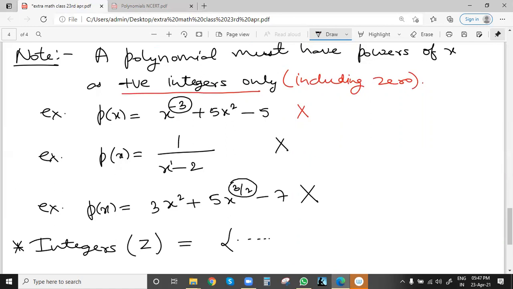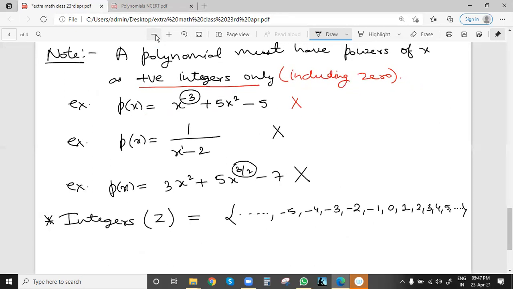The dots mean this will go on: minus 5, minus 4, minus 3, minus 2, minus 1, 0, 1, 2, 3, 4, 5. So these are the values of integers.